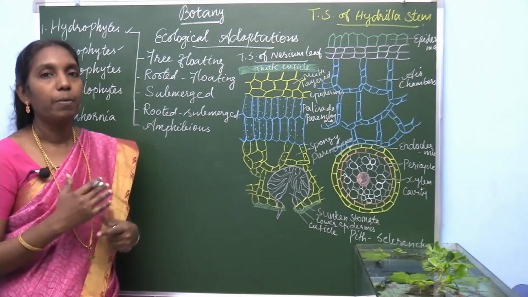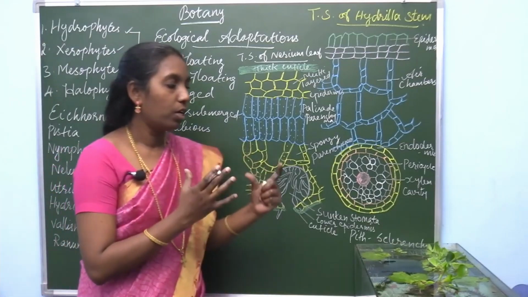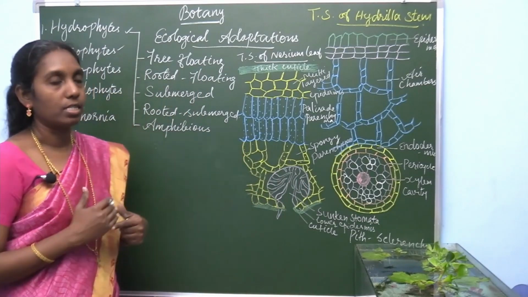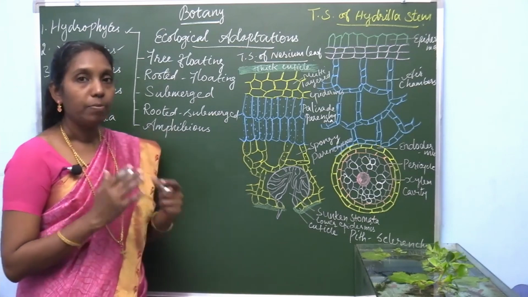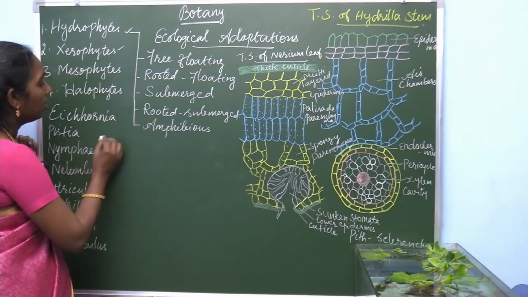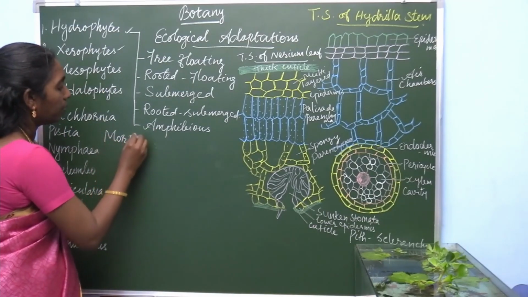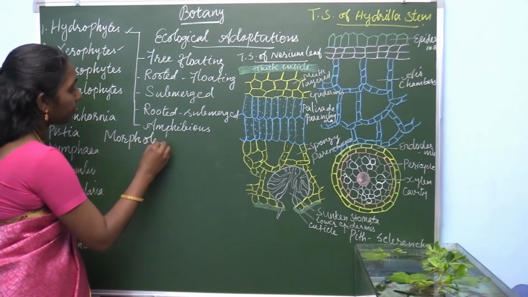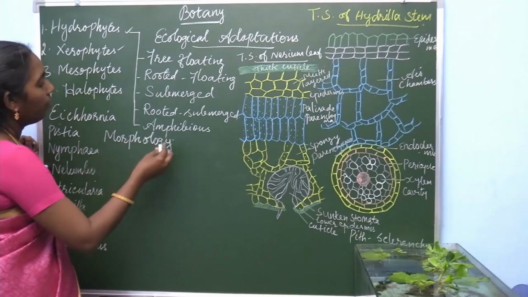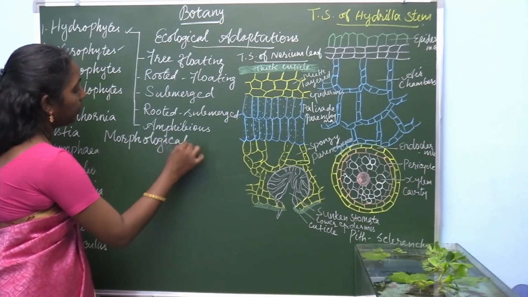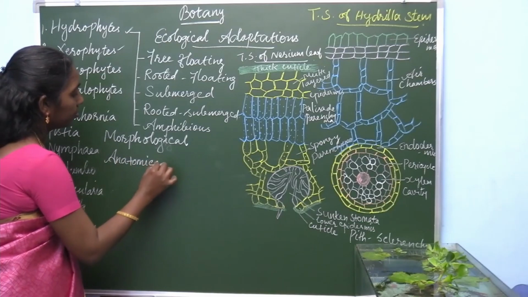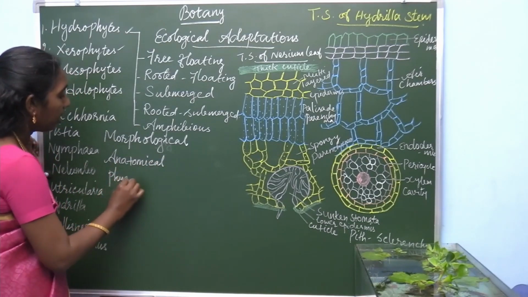Now, the adaptations. How the plant's body, or parts of the plant, is adapted to its environment to live successfully. There are three different forms of adaptation you are going to learn: morphological adaptation, anatomical adaptation, and physiological adaptation.